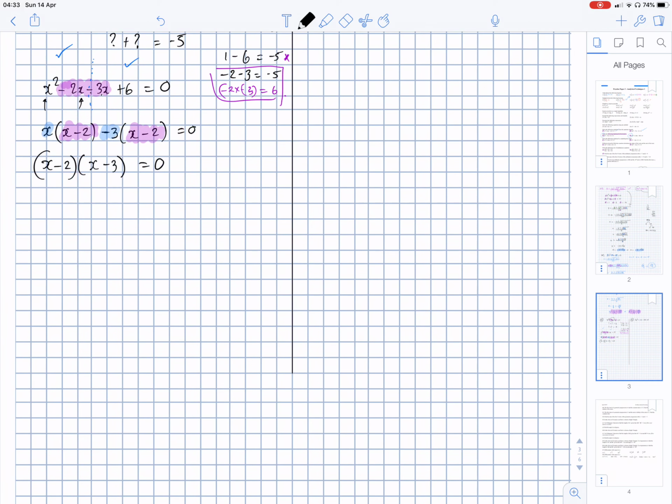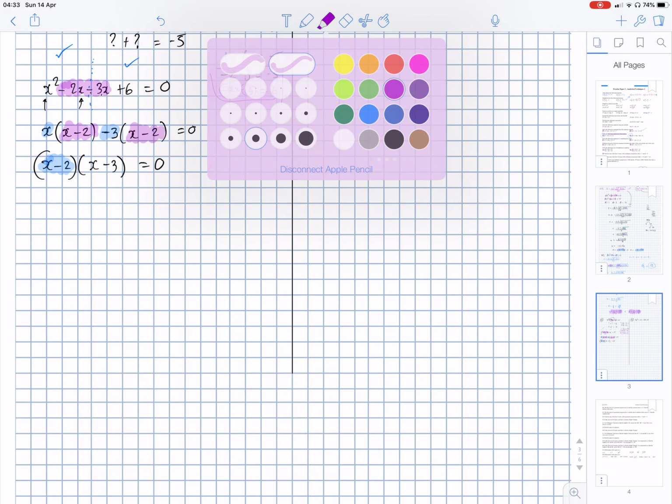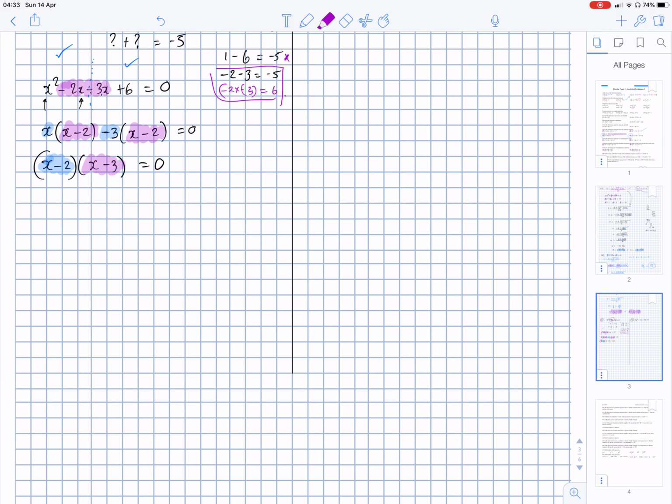If x minus 2 is 0, then 0 times x minus 3 is 0, and if x minus 3 is 0, then 0 times x minus 2 is also 0.